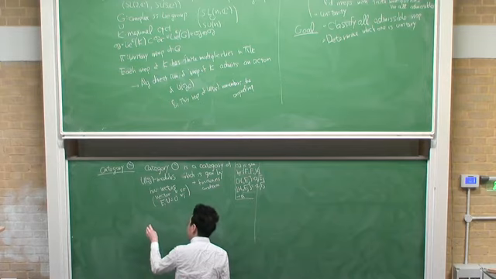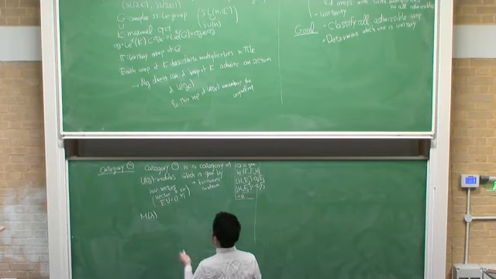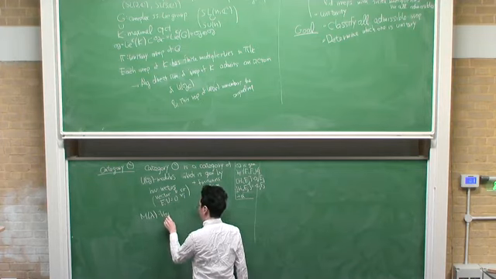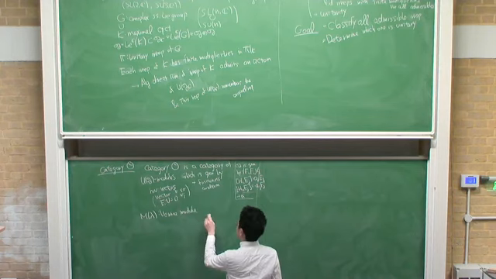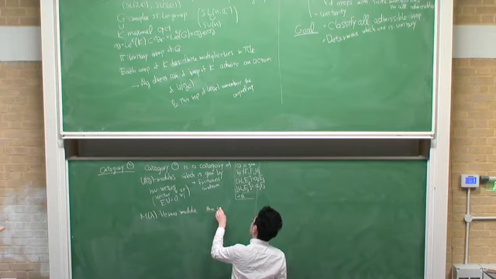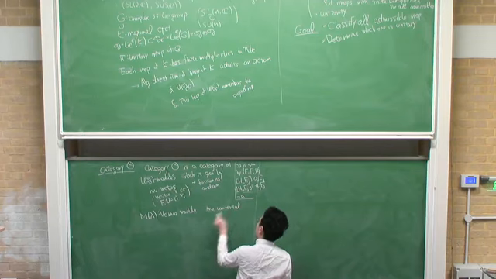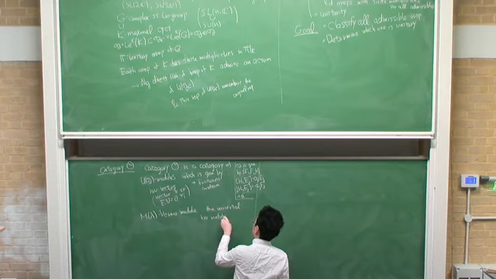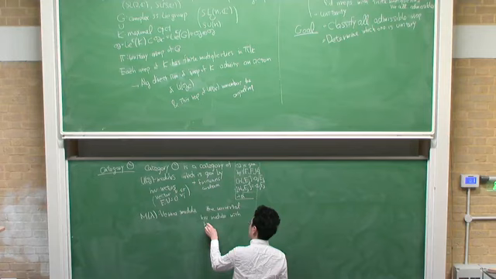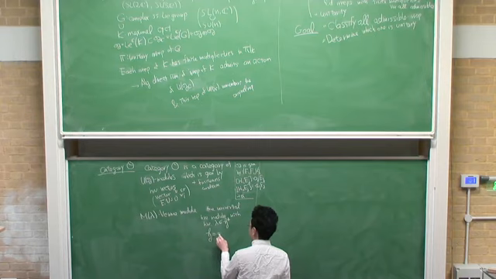One is the Verma module, which is just the universal highest weight module with highest weight lambda in h star, where h is the span of the H_i.